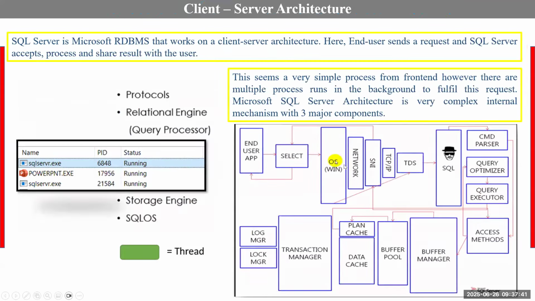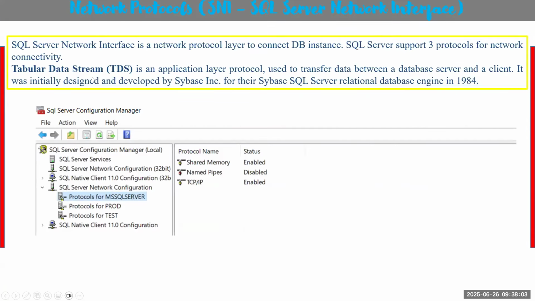Whether it needs to pass information to the server or from the server to the application, via the network, your data is transferred only via TDS packets, tabular data stream packets. This methodology was designed for Sybase in 1984, and we still use TDS packets for SQL Server.